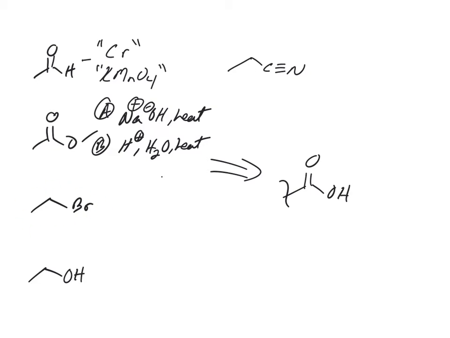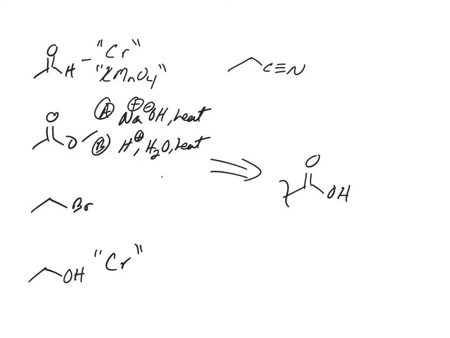I'm going to skip the bromine one for a second. For the OH, again, what do you need to do here? If you have an alcohol, those strong oxidizing things, chromium, is what you should reach for. You're going to want to have that chromium. Again, a primary alcohol turns into a carboxylic acid.